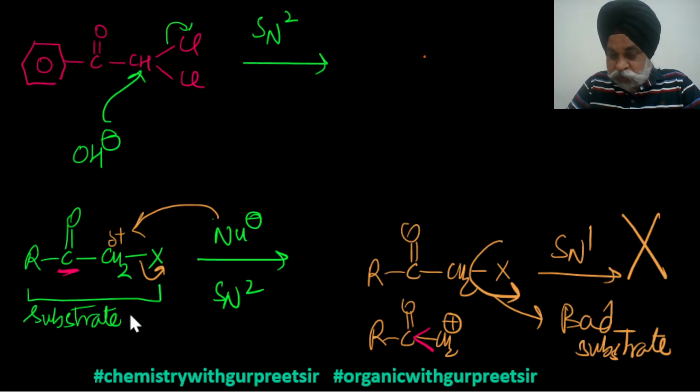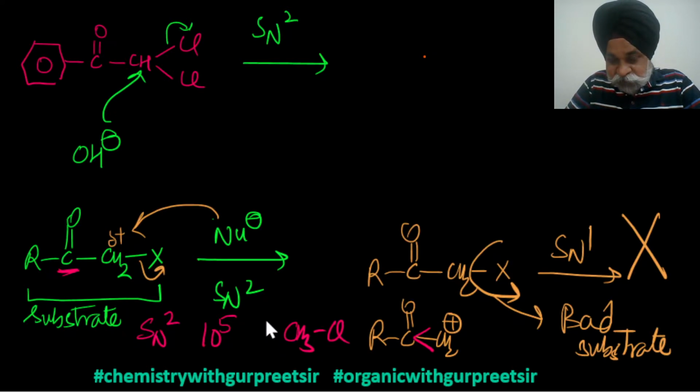And always remember that during the SN2 reaction of this type of substrate, the rate of reaction is almost 10 raised to the 5 times more as compared to a normal carbon, for example methyl chloride or a simple alkyl halide. This rate is very enhanced when you have a carbonyl group attached onto the carbon next to the carbon halogen bond.